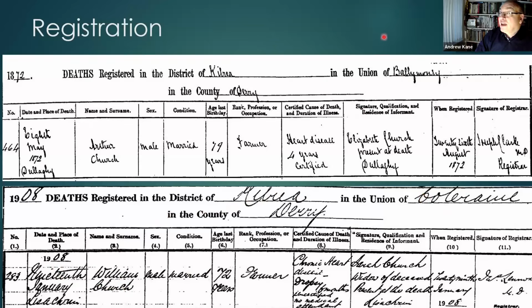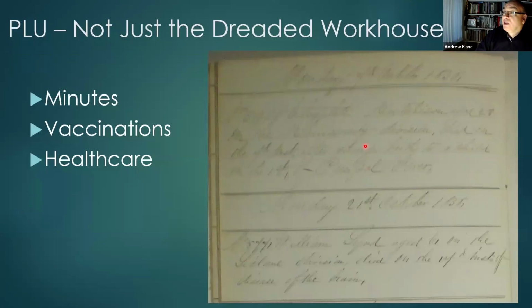So whenever you're looking at the Irish genealogy website that gives you all the old birth, marriage and death certificates, just be aware that sometimes the registration district will change. And you can see that from looking at the maps. And poor law did not just deal with the dreaded workhouse.